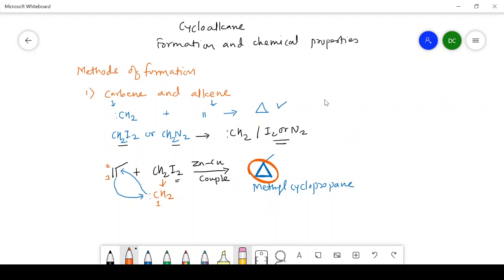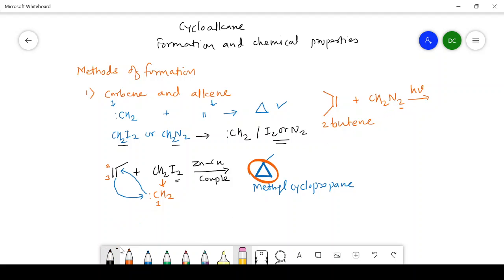Now, the second example I will write here. We will take 2-butene plus, now we can use diazomethane. When diazomethane is used, the reaction condition is light or heating. So, in this reaction, what happens?